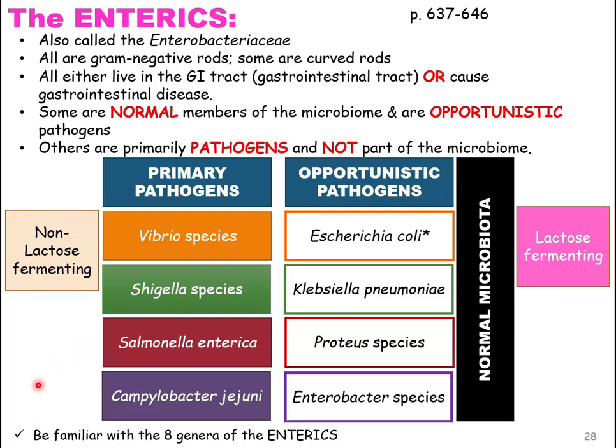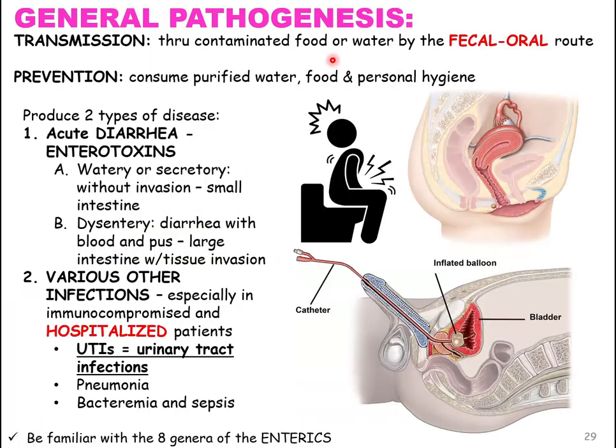So that MacConkey's agar is an easy one. So there's some general things about these since they all live in the gastrointestinal tract. Many of these are going to be transmitted through either contaminated food or water. So that same fecal-oral route that we talked about when we talked about protozoans and helminths. So from the feces, they're going to exit out the feces, and then somehow they get into the mouth of the next host.